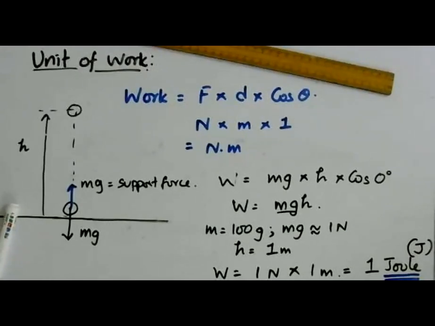Okay, so we can make the statement that when an object is raised by a distance of 1 meter by applying a continuous force of 1 Newton on it, then the work done on that object is 1 Joule. And that's in honor of a scientist called James Joule.